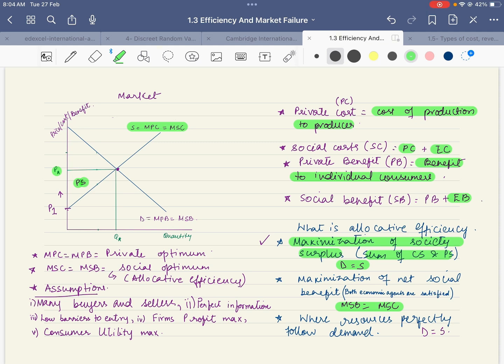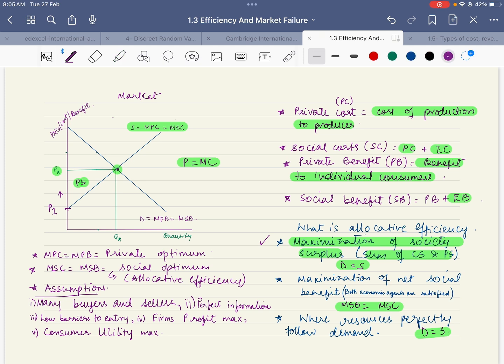Also, by staying at the equilibrium point, resources will perfectly follow demand and demand will be equal to supply. If all these conditions are met, the condition of price equals marginal cost will also be satisfied, which is the prime condition for allocative efficiency.